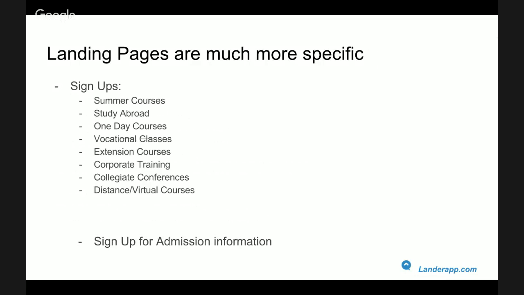The goal of a landing page really needs to be one singular activity, and I came up with a list of a few that I could think of, and I'm sure there are more. So summer courses, study abroad courses, I guess, one-day courses, vocational training, extension courses, corporate training, collegiate conferences, distance or virtual courses, and or sign up for admission information.